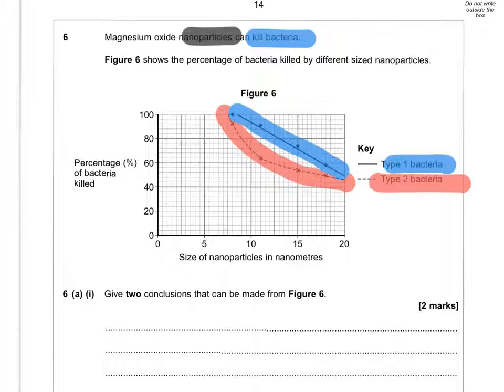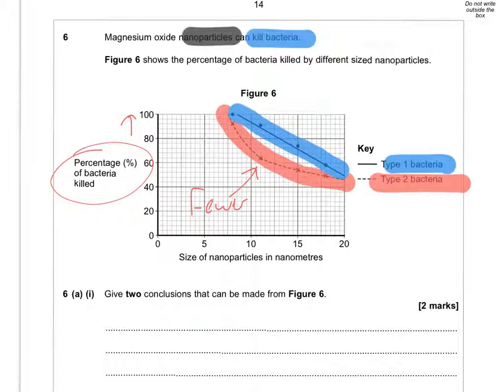Right, so looking at the red one, this is the percentage of bacteria killed, so highest is best. So type 2, well, we can say fewer type 2 bacteria killed. Okay, more for type 1.